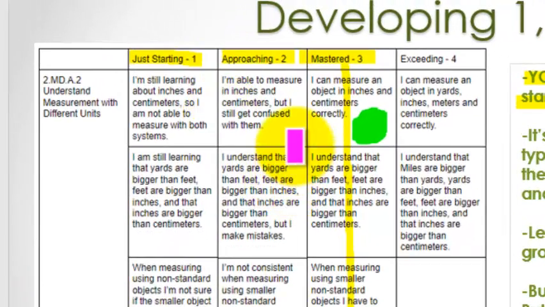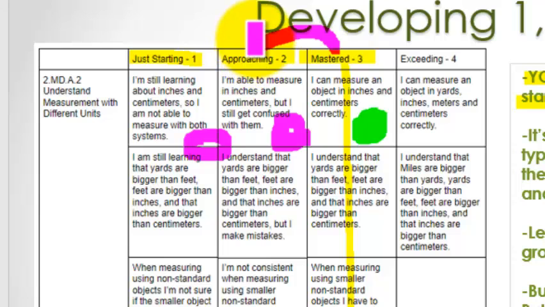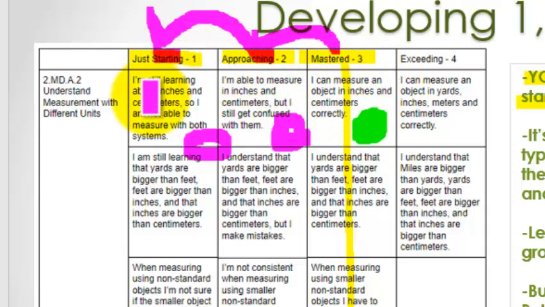Everything below mastery is going to be a level down. So this is a level down to level 2, then we go down to a level 1. This language should be progressively showing that students have less understanding of the standard. So as you move this way, they have less understanding.